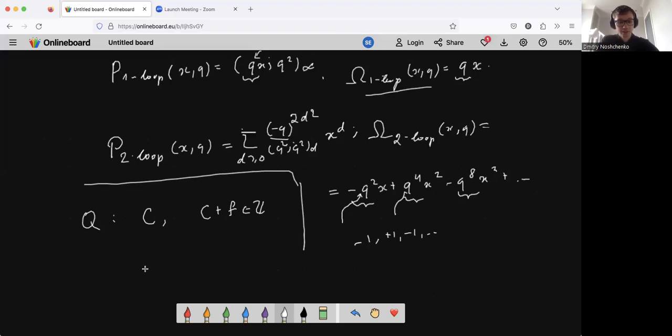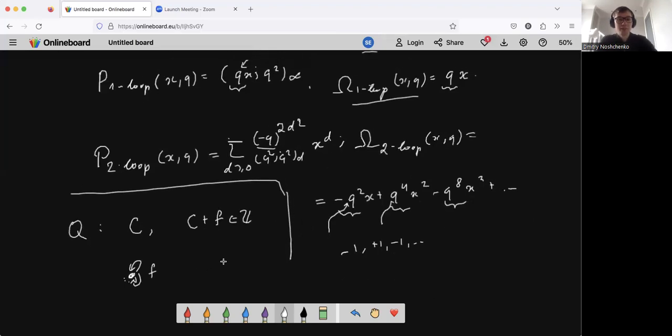Of course, in the prototype example of one loop, when you add framing, you just add some number of loops again. And you can see that going, for example, from the one loop quiver, where you have finitely many DT invariants, after framing you obtain something which has infinitely many DT invariants, which is quite a non-trivial phenomenon.